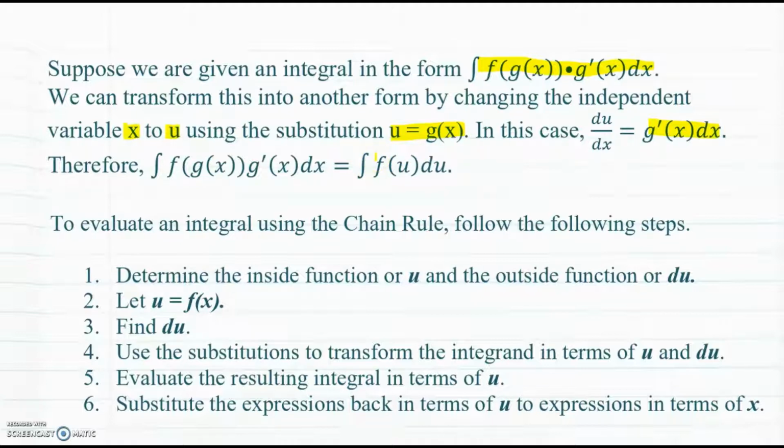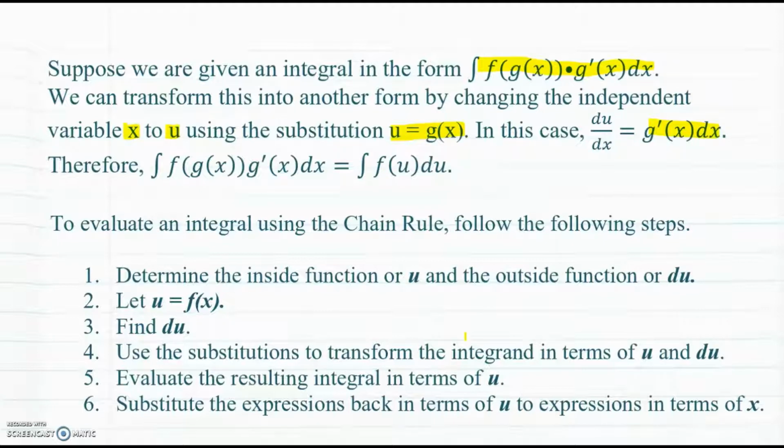So to evaluate an integral using the chain rule, or the substitution method, or the u substitution, we will follow these steps. Step 1, determine the inside function or u and the outside function or du. So let u be equal to f of x, and find du, the derivative of u.